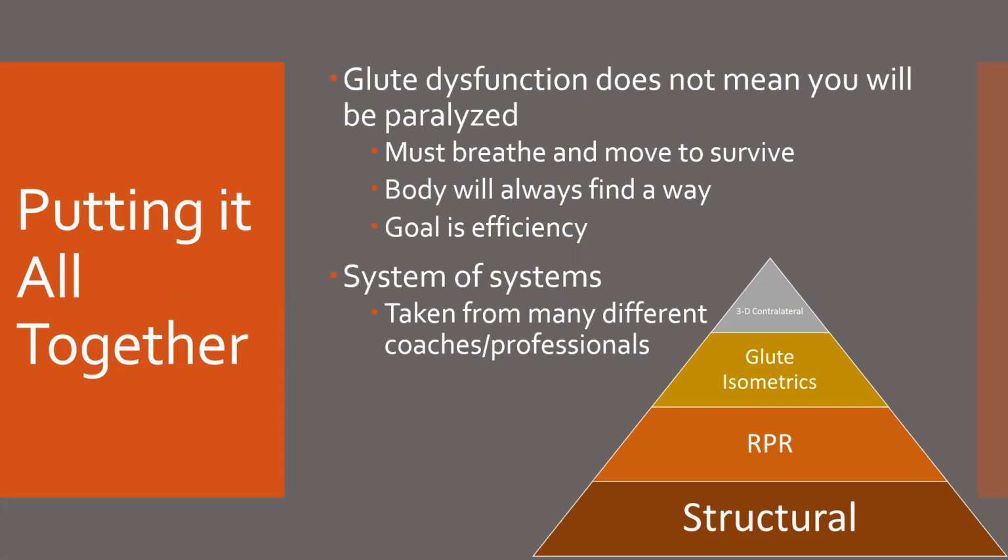RPR, reflexive performance reset, how we can utilize that to improve the pattern that our athletes are experiencing, basically ensuring that those major movers of hip extension, so glute, hamstring, opposite QL, are occurring in that order.